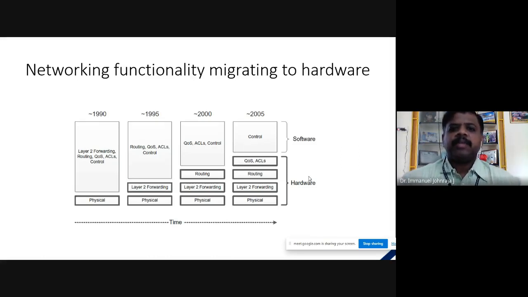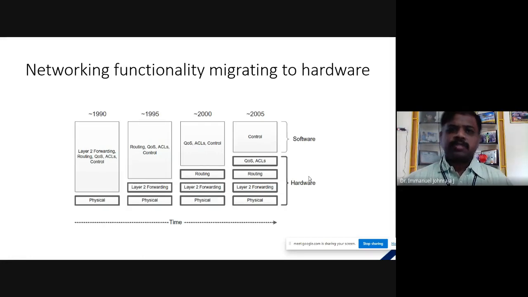Then in less than a decade, all your layer 2 was also brought into hardware, just to improve the speed. When you implement things in hardware, obviously it gives an edge over other devices in terms of speed, while the rest were maintained in the software.